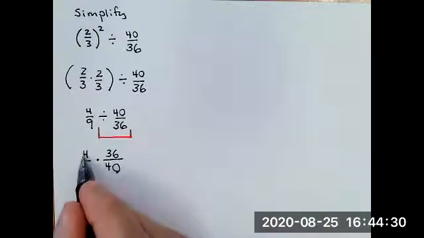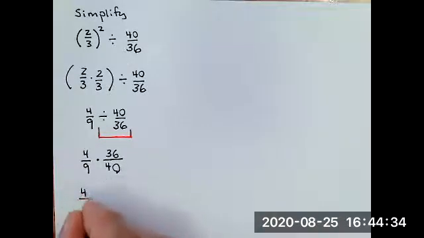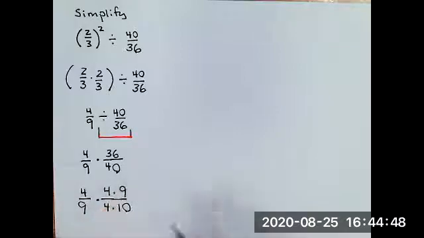And I could break down the 4, but I'm looking at it goes into the 40. That's 4 times 10. And I could break down the 9, but 9 goes into 36. So I'm going to write 4 times 9.